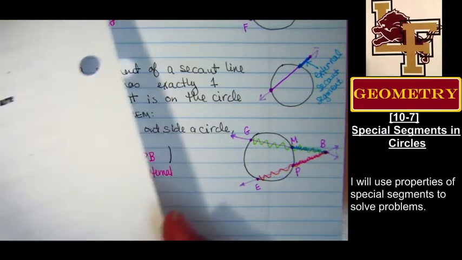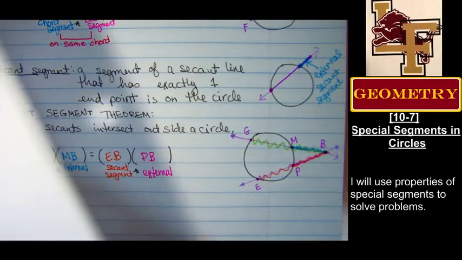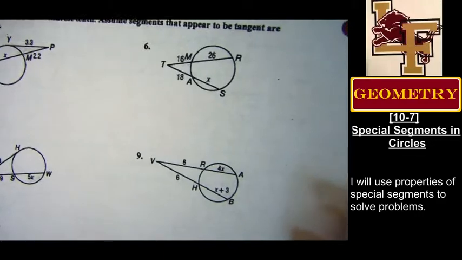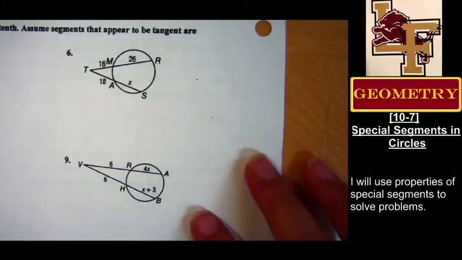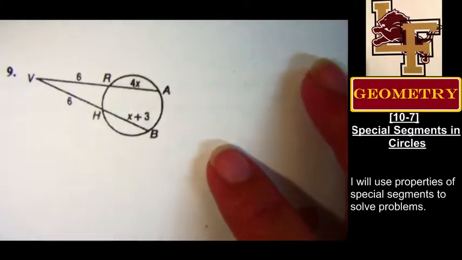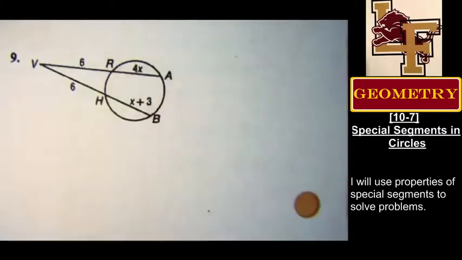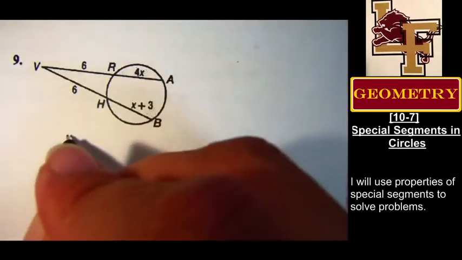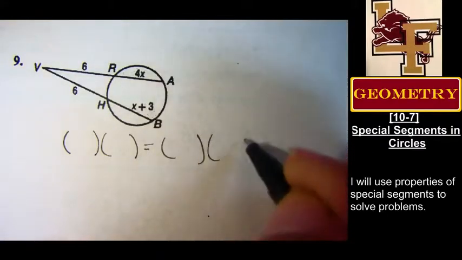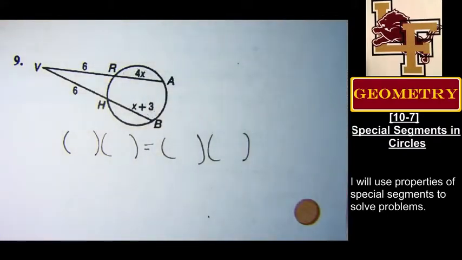All right, which examples from the bottom of our practice page, 6 or 9, would you like to see worked on? Number 9. All right. Do I have two secants intersecting outside of a circle? Yes. Okay, so that means that our formula is two things being multiplied together and those things are equal.